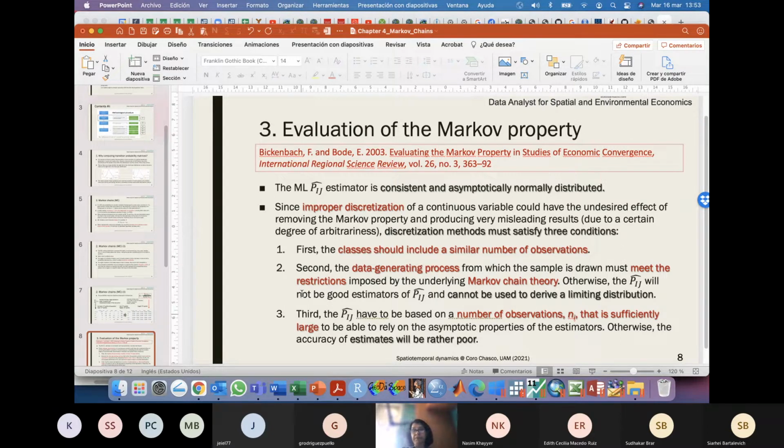This underlying Markov chain theory says that this sample, at least the jumps from one period to another, is an AR1. Otherwise, the PIJ will not be good estimators and cannot be used to derive a limiting distribution. This limiting distribution, or the ergodic distribution, is the long-run distribution.